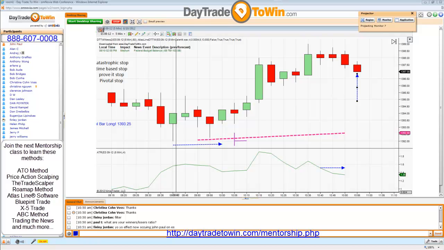I think that between 75 and 80% is common when you take all the methods into account. If you're looking at just one method, the Atlas line today is doing fantastic. The last day or two, we had some whipsaw, but overall, I would expect about 75 to 80% on the methods that I teach if you follow the rules properly.